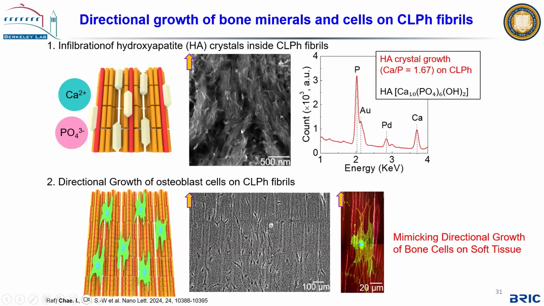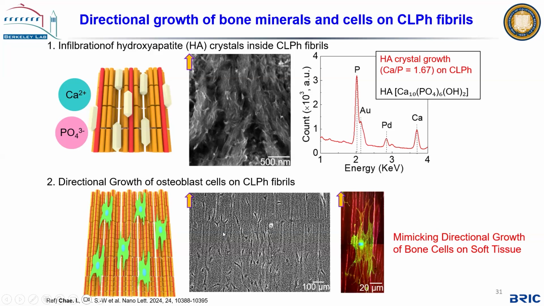Not just inducing this nucleation, this collagen-like fibrils could work as a template to align the big osteoblast cells. As we grow the cells on this template, those cells could grow along the pulling direction of the fibers.